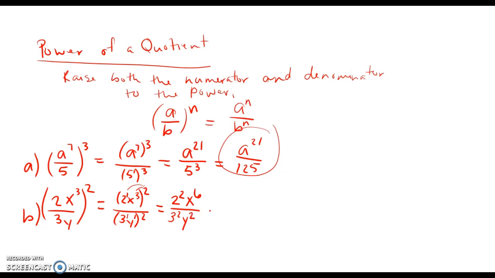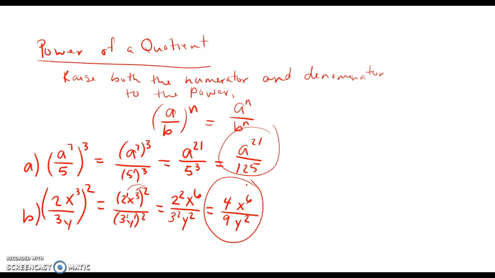So y squared. From here, we just have to evaluate. 2 squared is 4, x to the 6, and 3 squared is 9, because remember, it's 3 times 3. So 9y squared. I can't do anything else because the x and y are different bases, so they just stay as is. And this is our final answer.